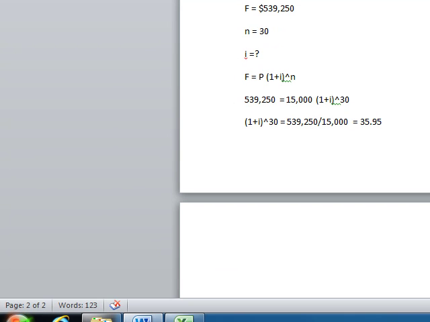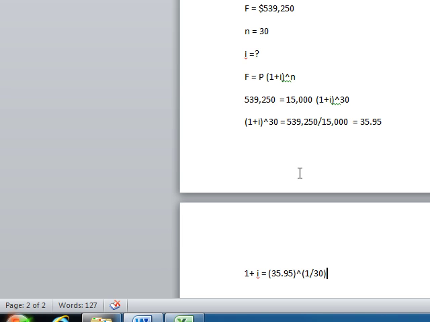The next step is we need to take that power of 30 to the other side. So 1 plus I is equal to 35.95 raised to 1 over 30.